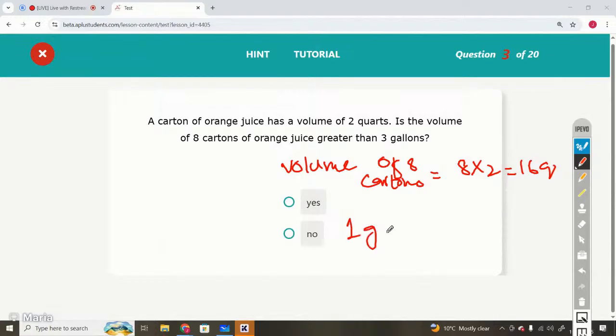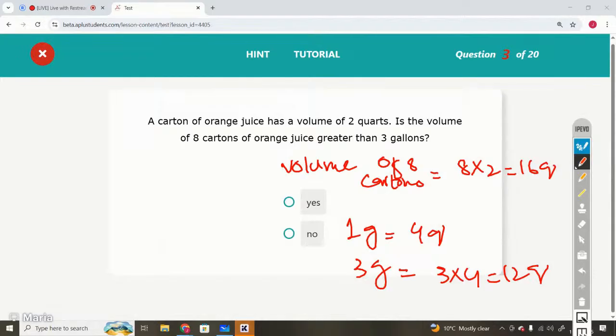So 1 gallon equal how many quarts? 1 gallon is equal to 4 quarts. So then 3 gallons is equal to 3 times 4, that is 12 quarts. The question is whether the volume of 8 cartons of orange juice is greater than 3 gallons.